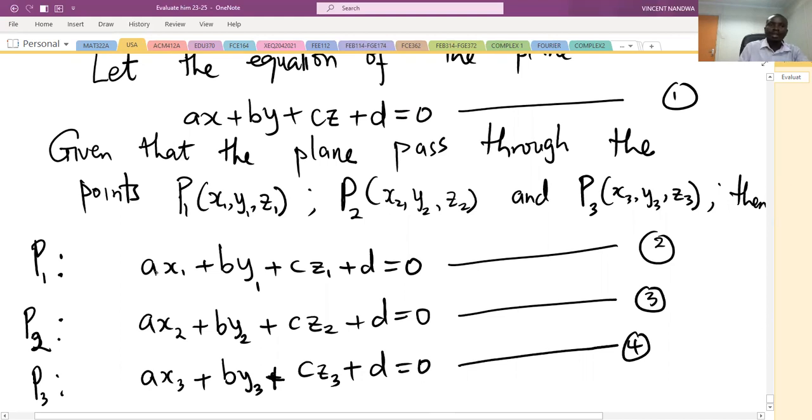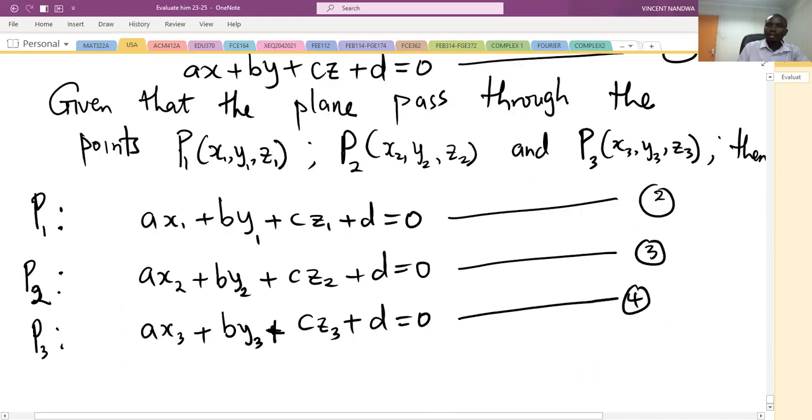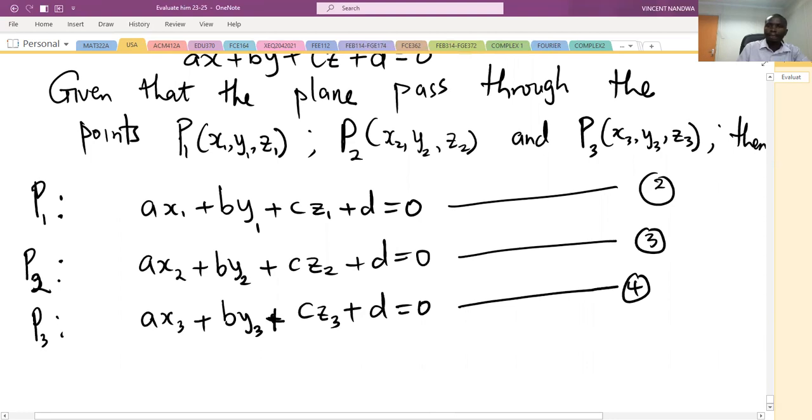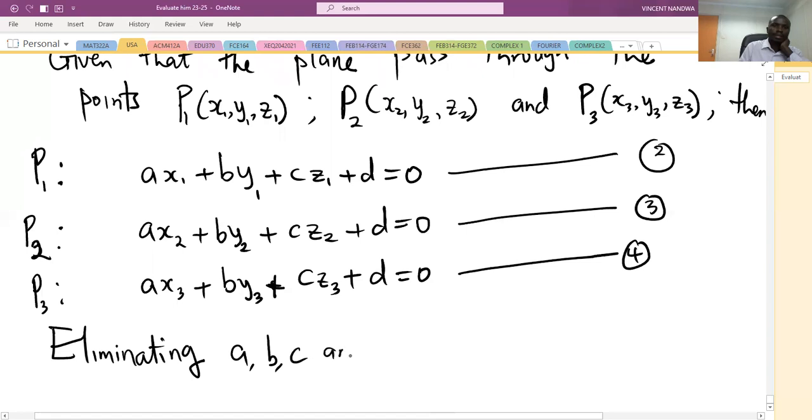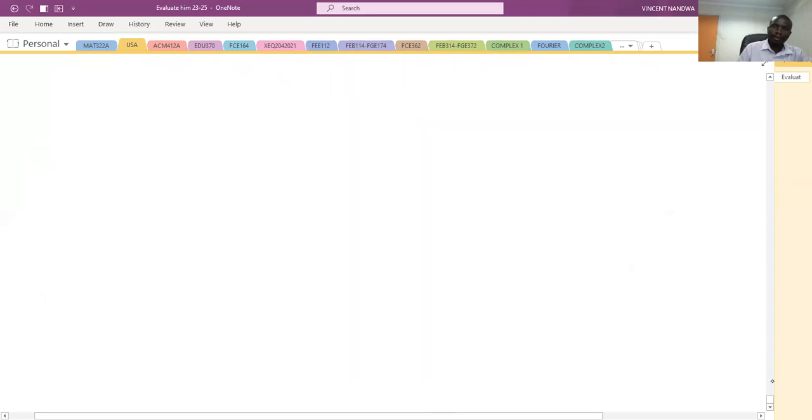Because A, B, C, and D can have different values, eliminating A, B, C, and D in equations 1 to 4, we get the determinant.